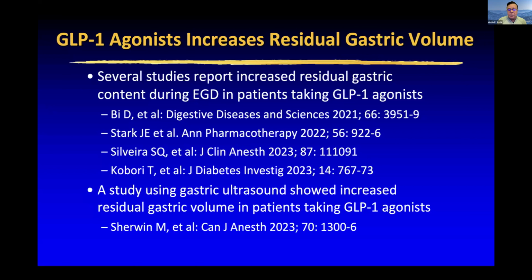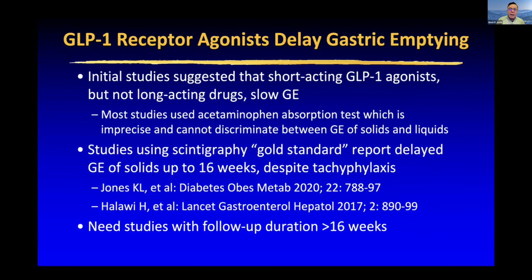We don't know, or the studies don't report, the type of GLP drugs the patients were on, or how long they were on them. So it's still problematic with regards to most of these studies showing increased residual gastric content. Furthermore, we don't know the relationship between the amount of gastric content and regurgitation, and then obviously aspiration.